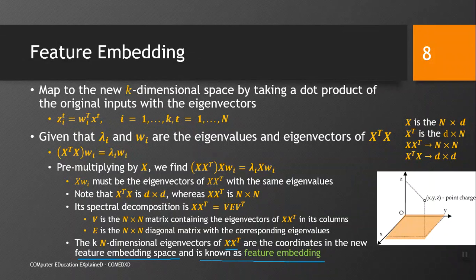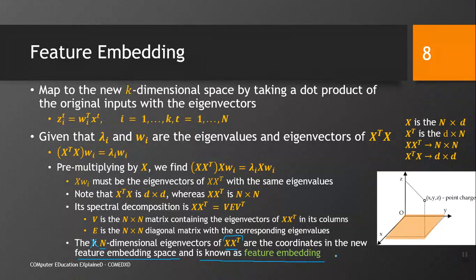What does that mean? It means that this will provide us the values that are mapped into the k dimension space. These n dimension coordinates provide us the way to map the value in the lower dimension space.